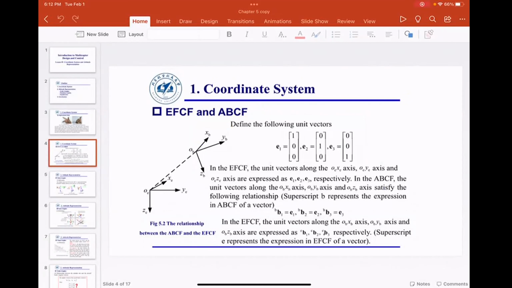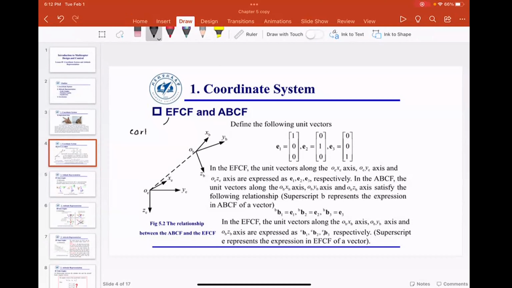Now, when we talk about aerial robots, there are two important coordinate frames that we need to study. The first coordinate frame is called the Earth fixed coordinate frame.